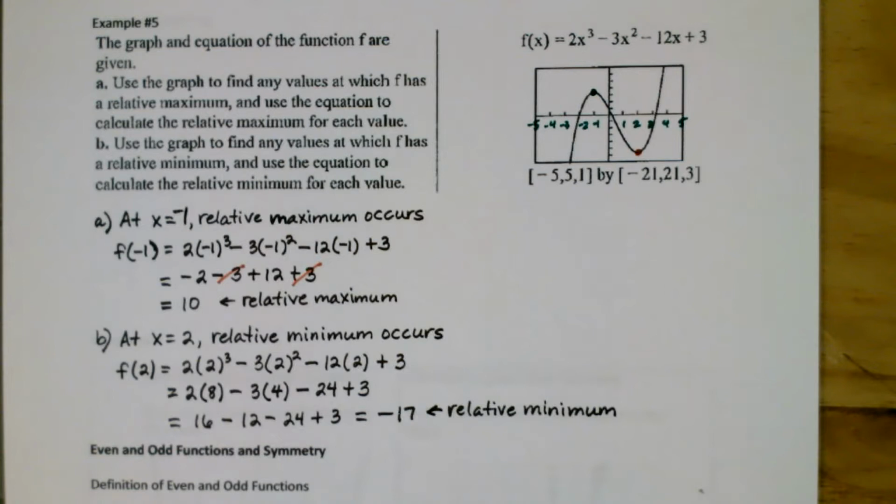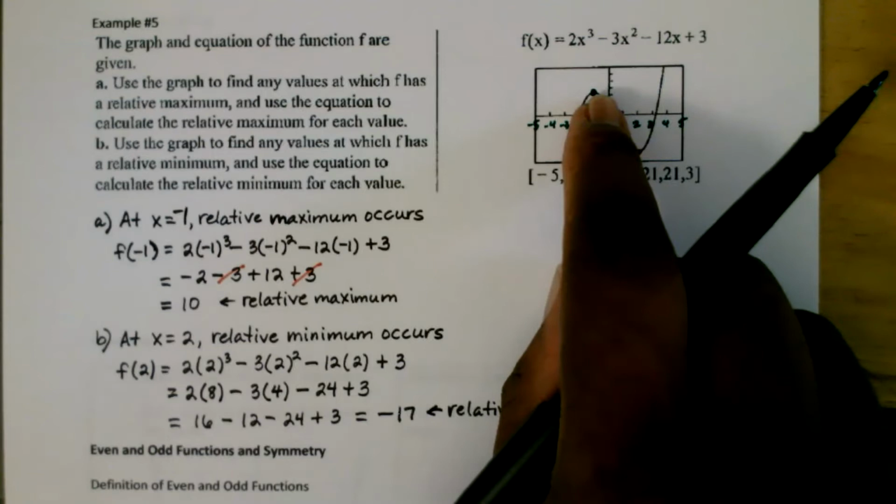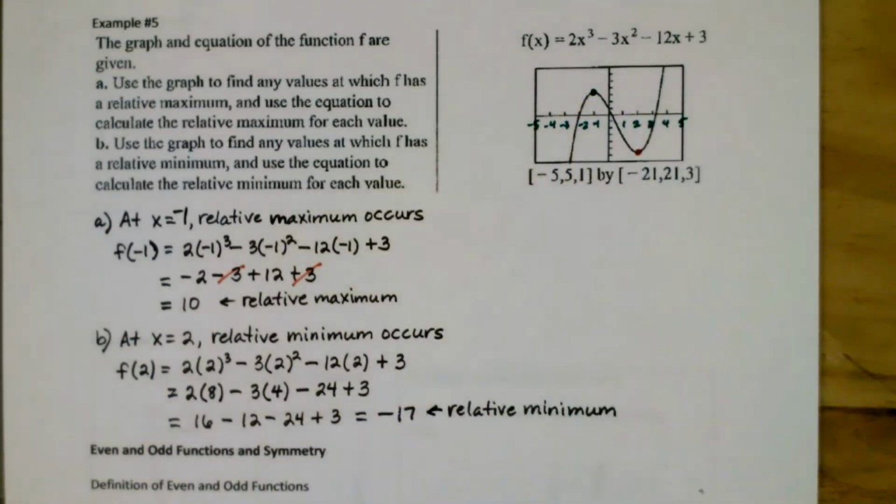Okay, so in this case here, you have to use that function that was given to you to find out what your relative minimum and relative maximum are going to be. Because you're not going to directly identify from this calculator display.